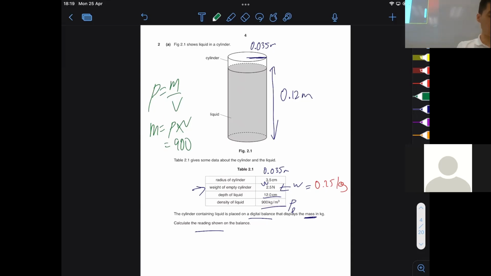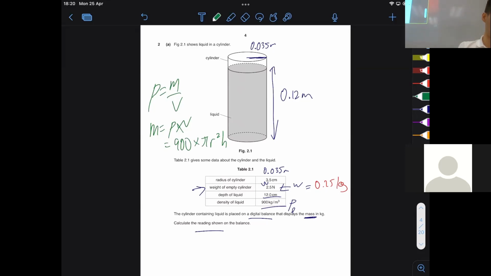Pi r square would have given the area of the circle, and times the h would have given you the whole thing.